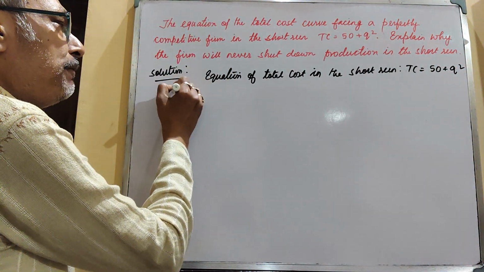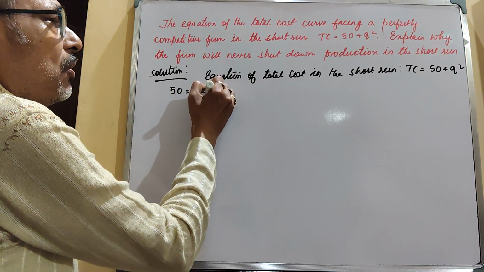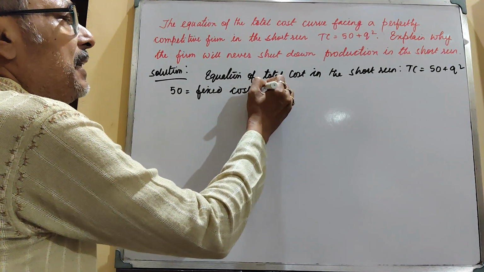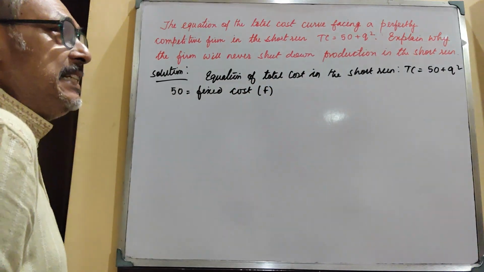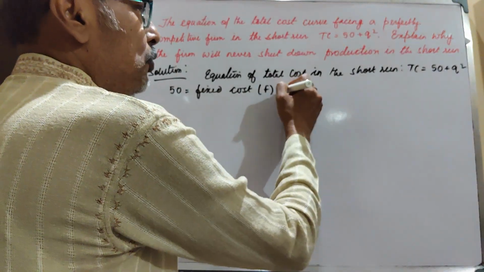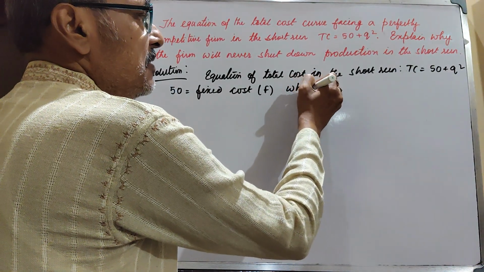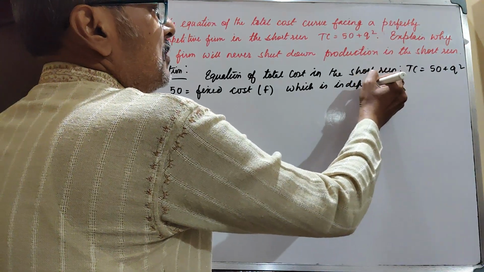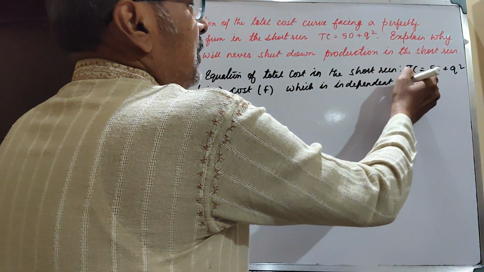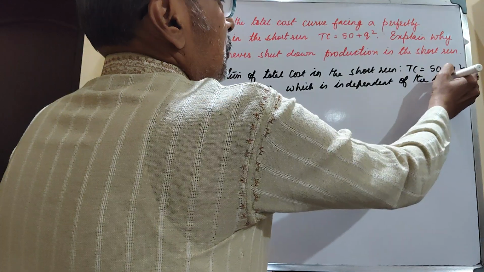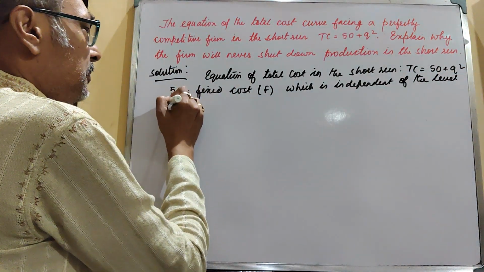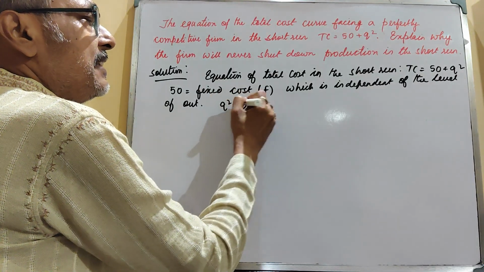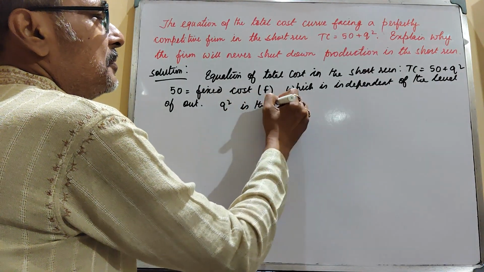Now what is 50? 50 is the fixed cost. We denote it by F. Fixed cost is independent of the level of output. And Q squared is the variable cost, denoted by VC, which depends on output.